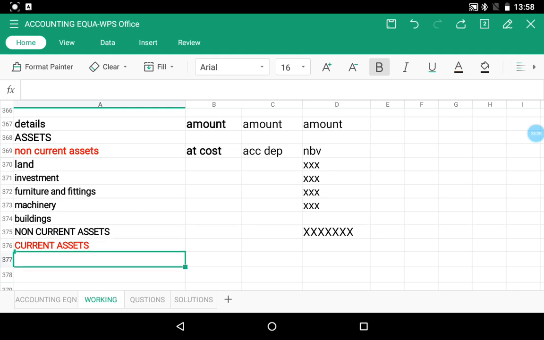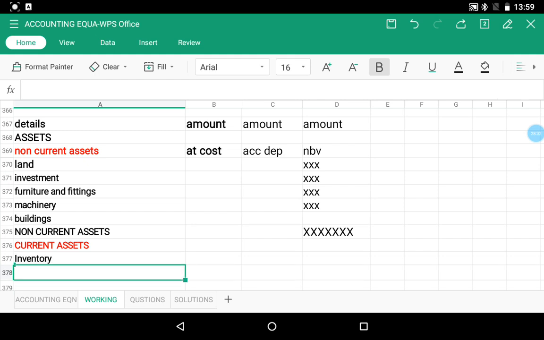So under current assets, we have our inventory or stock. In short, these are the things that give you money anytime or daily. If you want to take money, you just go and get it from there.